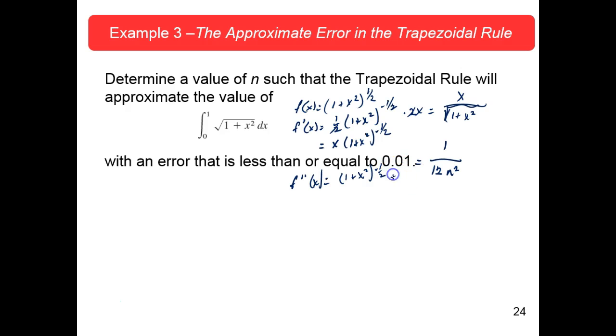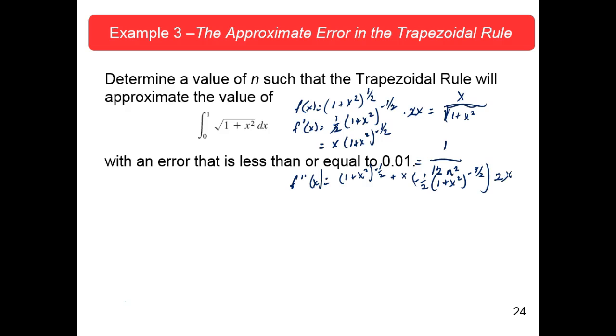Plus the first times the derivative of the second: x times negative 1/2, 1 plus x squared to the negative 3/2 times 2x.